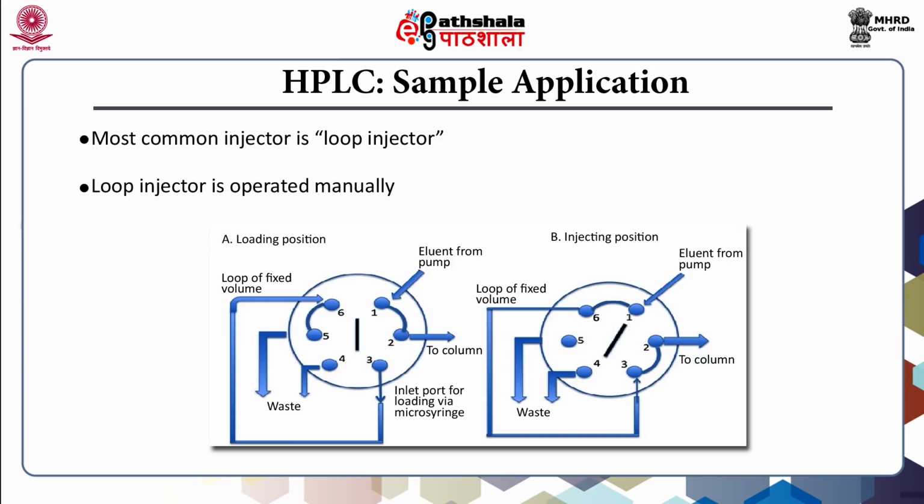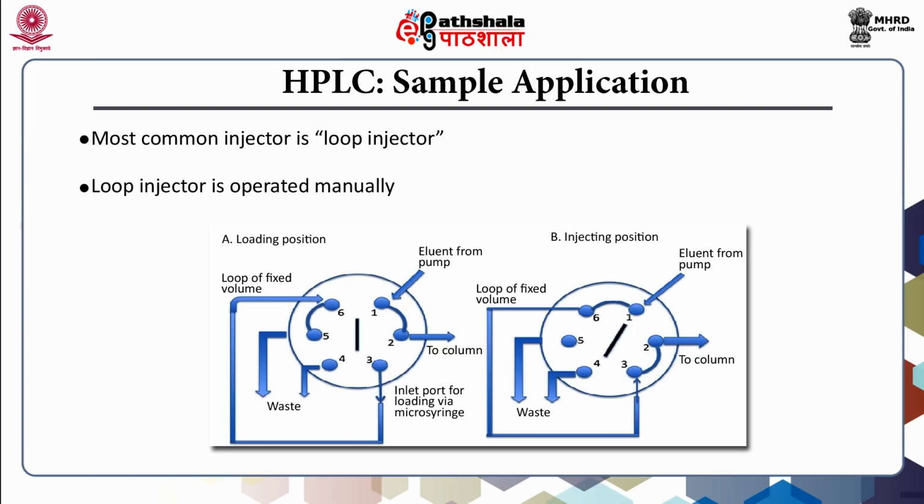That means the mobile phase is passing from the pump to the column directly. There is a connection between port 3 and port 6, and a connection between port 6 and port 5, and there is no connection with port 4.